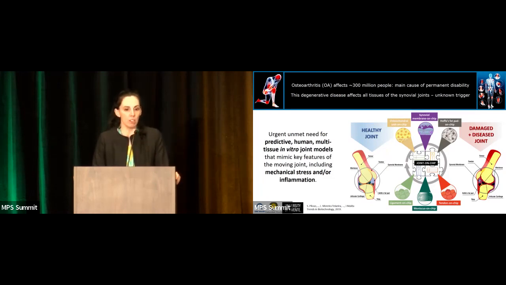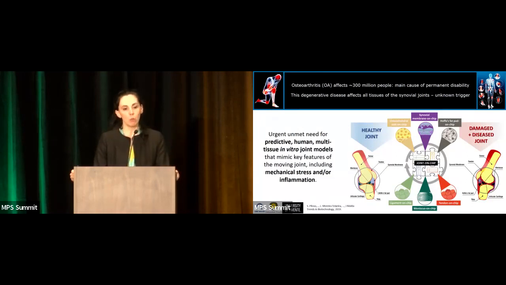And this disease, in spite of its incidence, has an unknown trigger, so we don't really know how to treat it. The causes might be in one of the different tissues, or affecting a couple of tissues altogether.